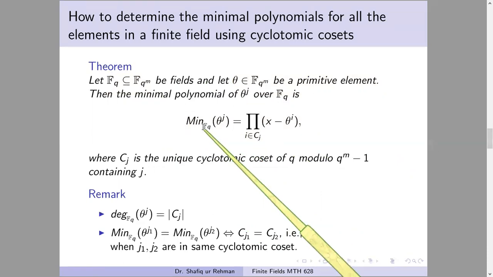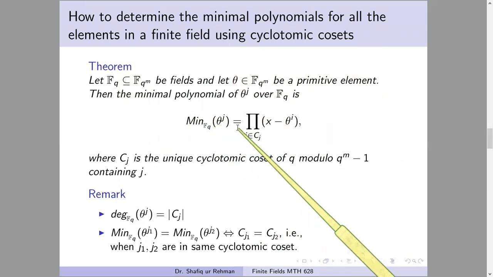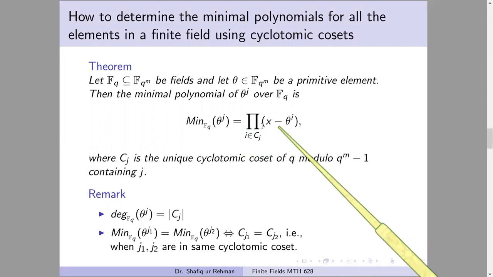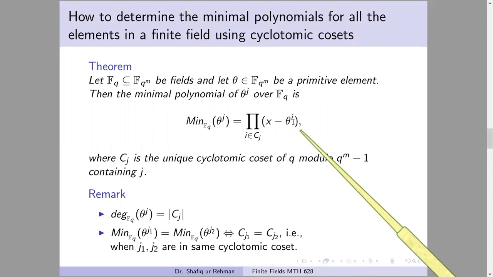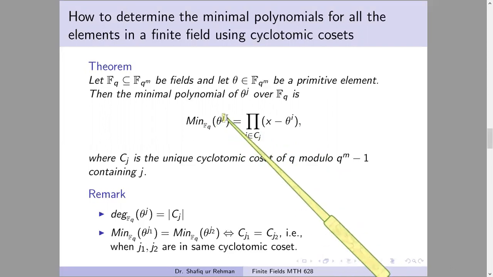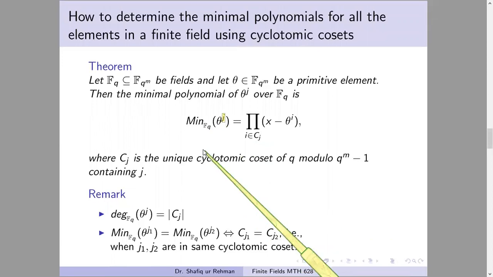That is, the minimal polynomial of theta power j equals the product of linear factors of x of the form x minus theta power i, where this i belongs to the cyclotomic coset of this number j. And this is because we know that the conjugates are in one-to-one correspondence with the cyclotomic cosets.